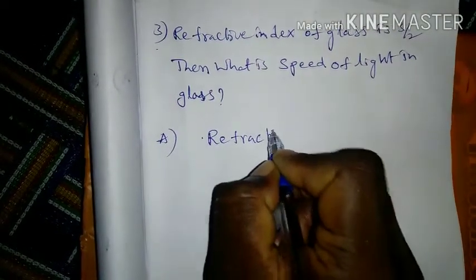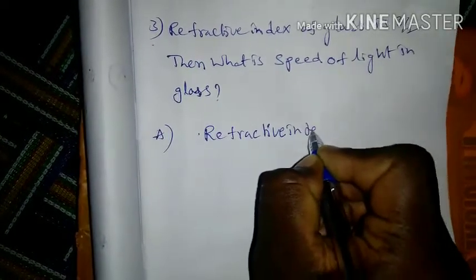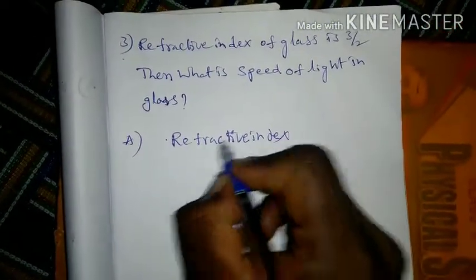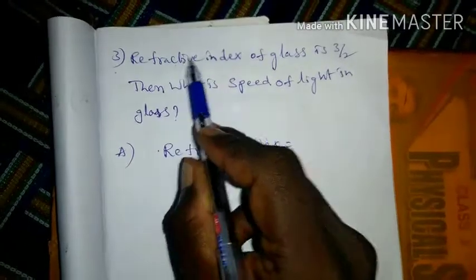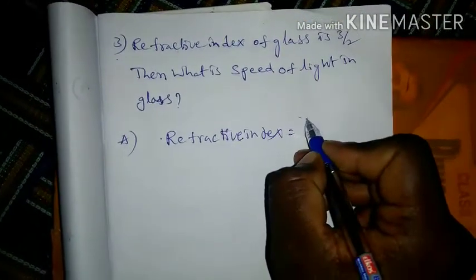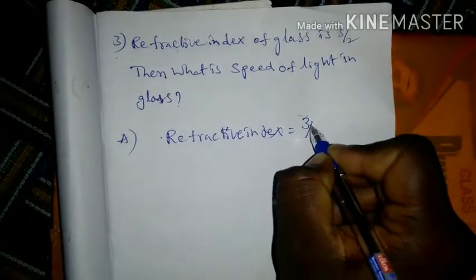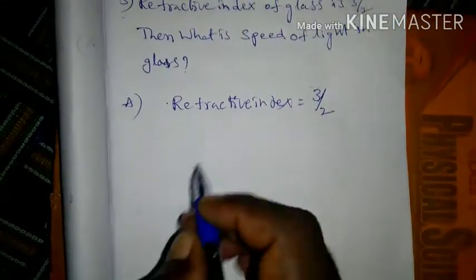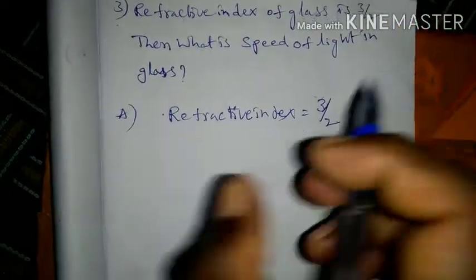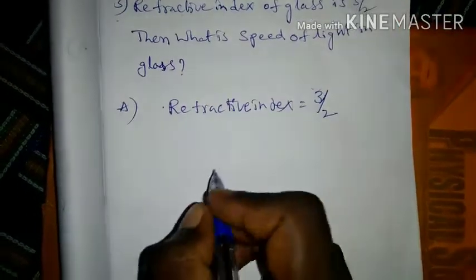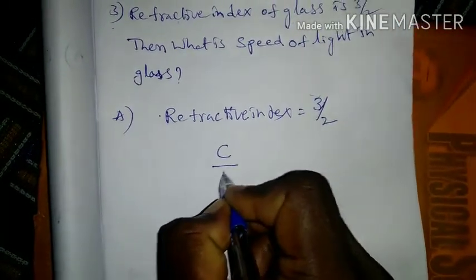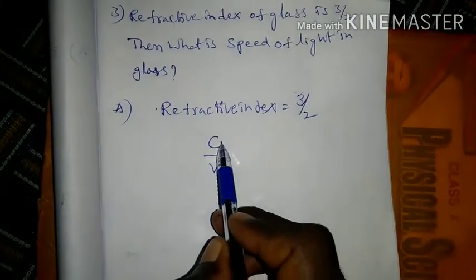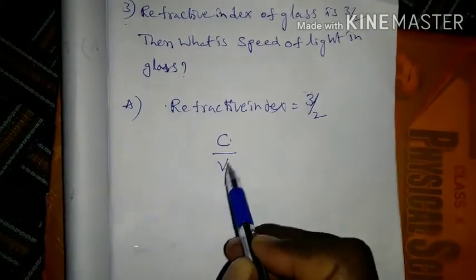Refractive index of glass is 3 by 2. What is the refractive index formula? C by V. C means vacuum, V means medium.